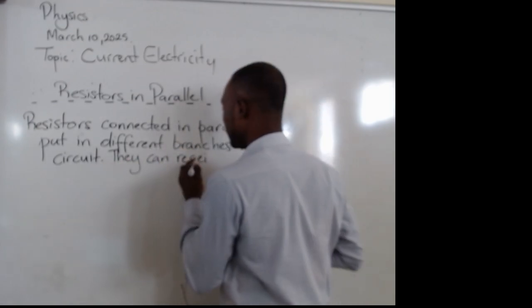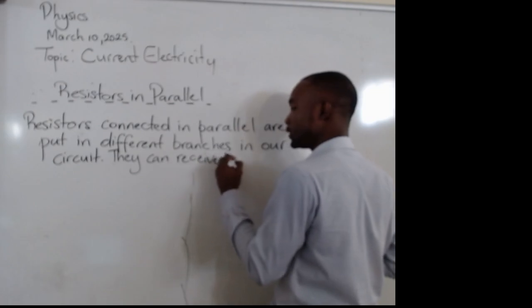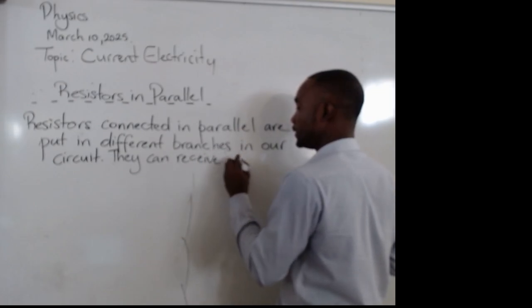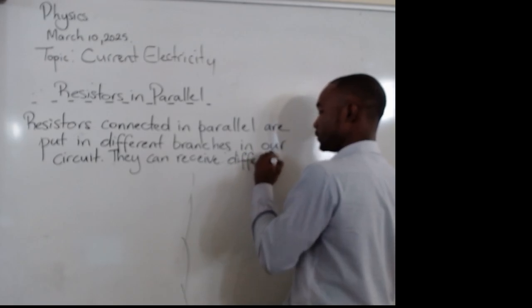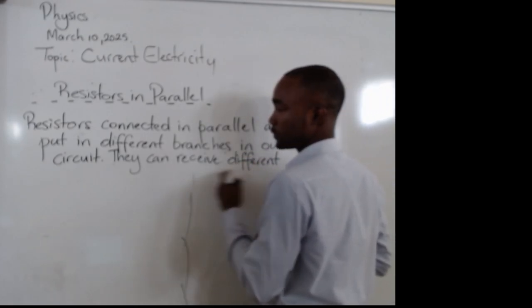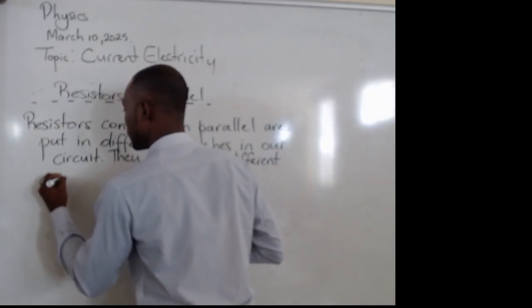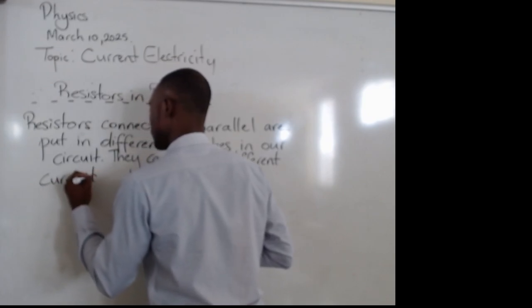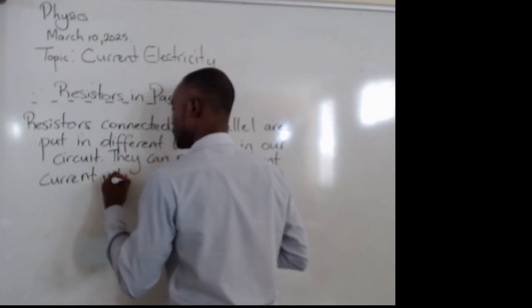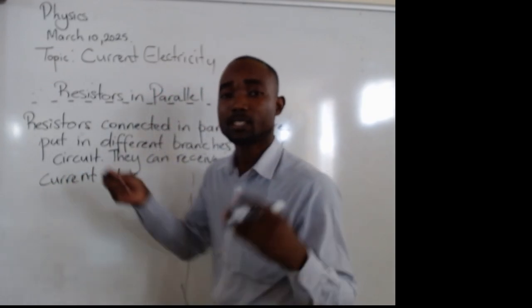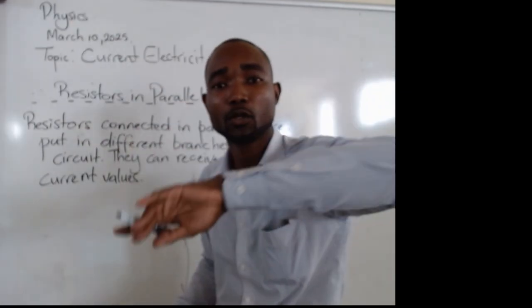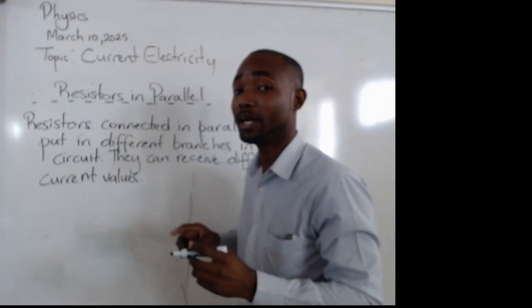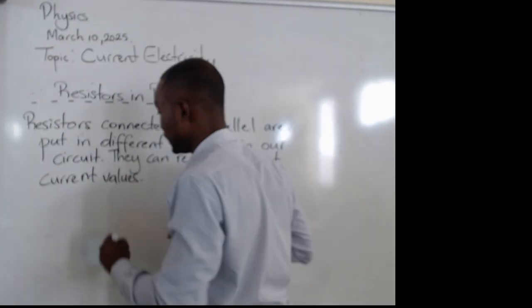This is just an extra piece that you will need sometime in the future. Different current values. Now, if resistors are connected in series, all those resistors receive the same current. But when connected in parallel, they can receive different current values.